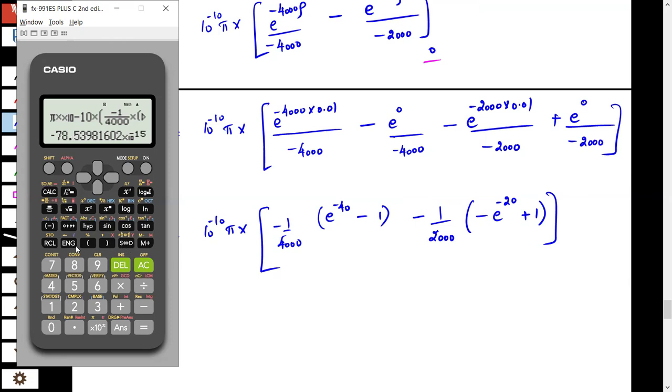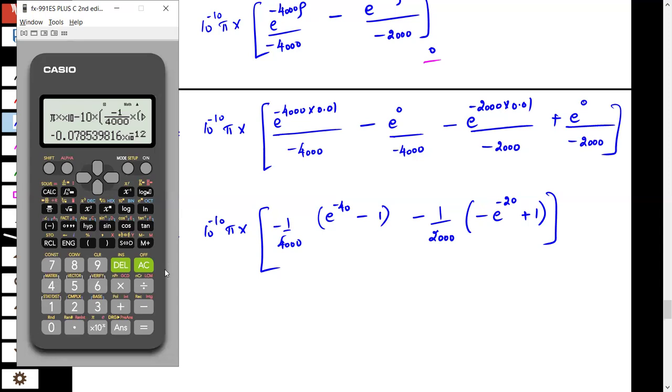So you are having minus 78.5398 into 10 power minus 15, or I can give minus 0.007853 pico.